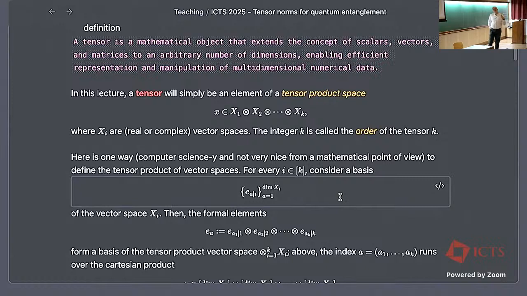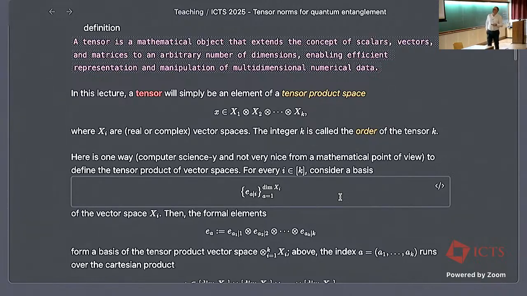Basically the idea is that a basis of the tensor product is given by the Cartesian product of bases in the individual factors. This distinguishes tensor products from direct sums, where you just take the concatenation of the bases. Now I have to take a Cartesian product.